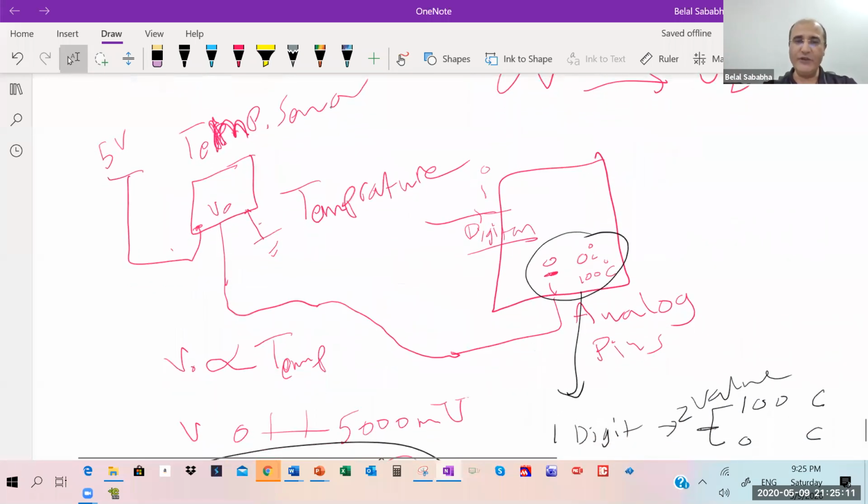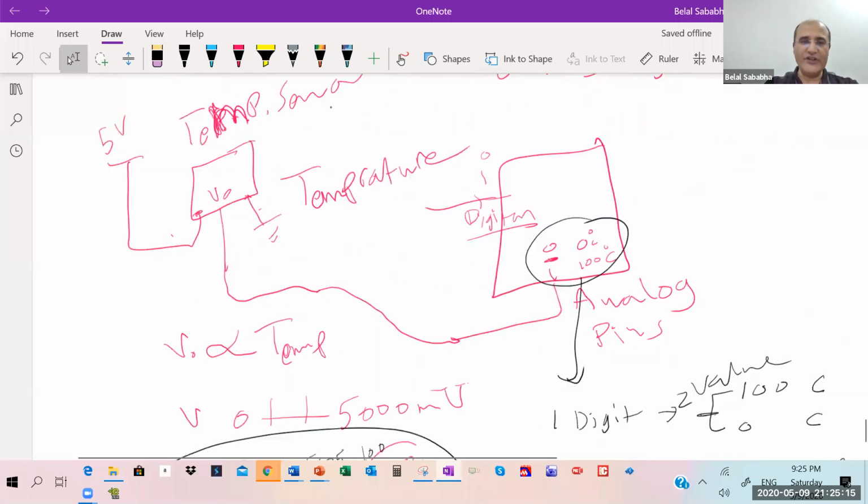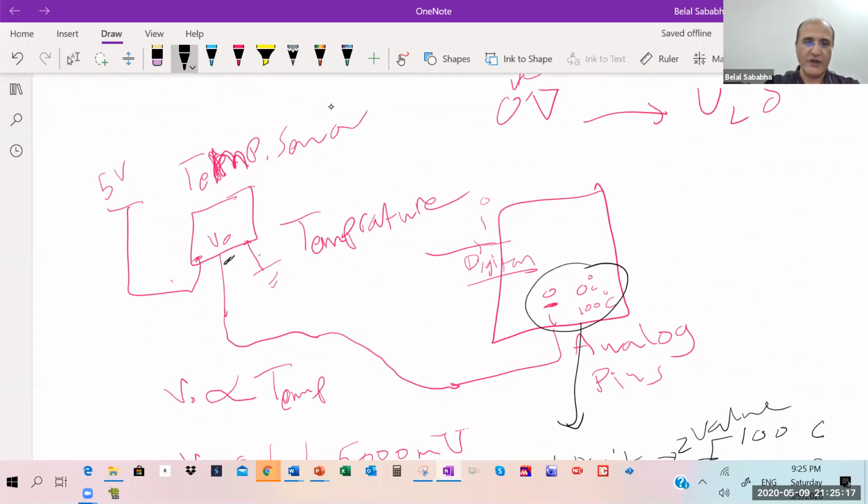So an A to D converts a voltage. An A to D is usually inside the microcontroller, but you can get an external one. It converts an analog voltage into a digital number.